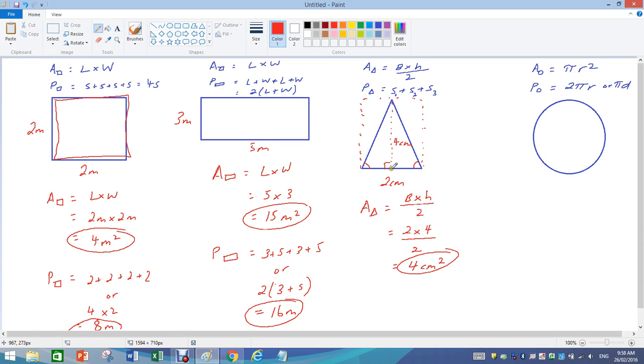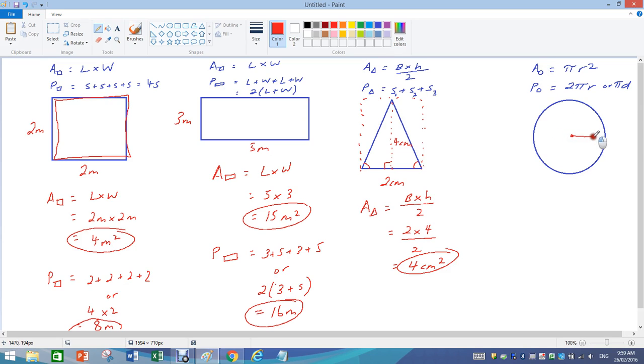So therefore, the distance from here to here is 1 centimeter, and it's 1 centimeter from there to there. So if that's 1 centimeter, 1 centimeter here, 4 centimeters there, you could find the length of that side using Pythagoras, but we won't do that for now. We'll skip the perimeter.